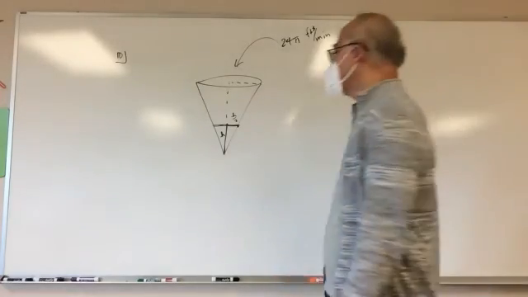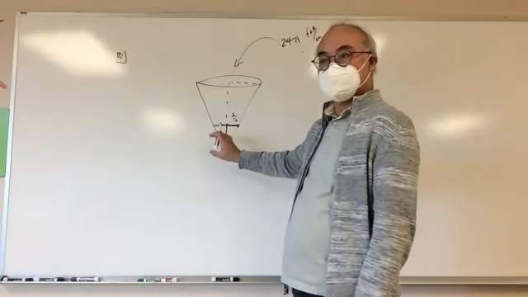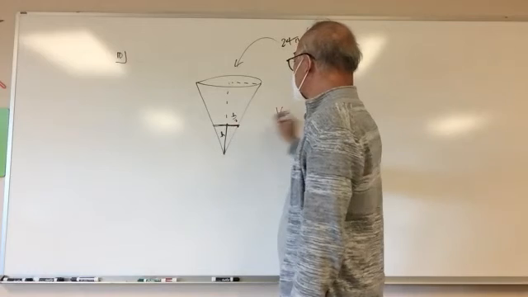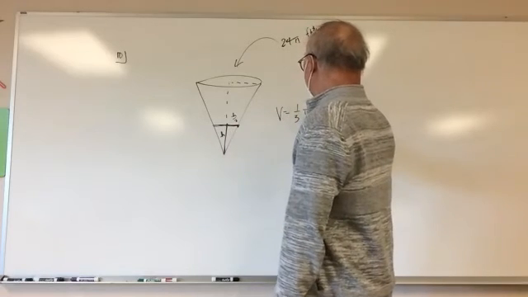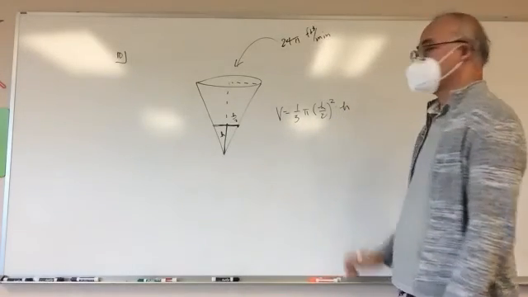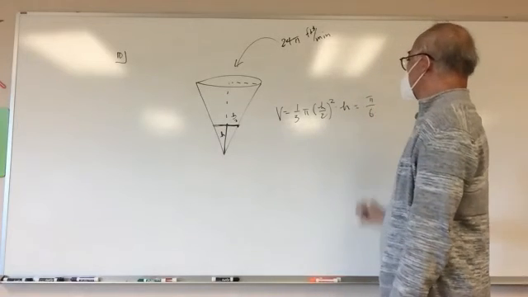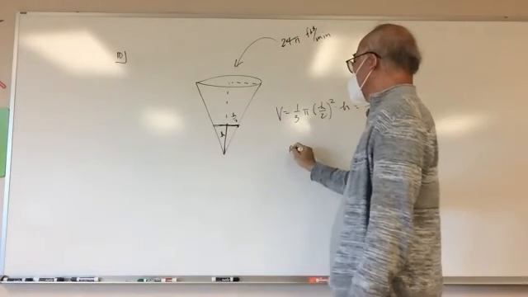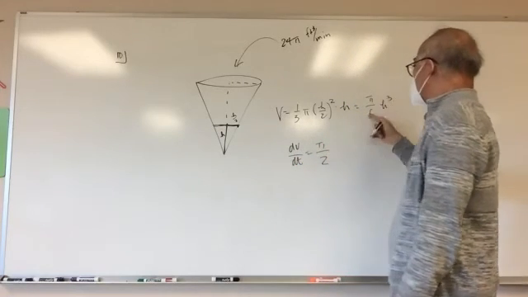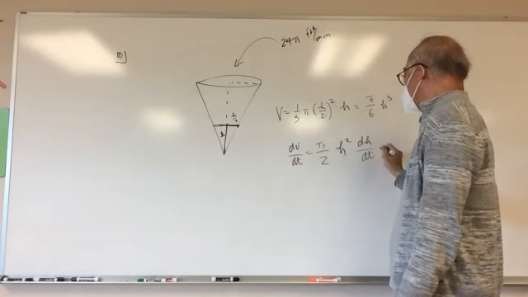Okay, so we have to find, again, an expression of the volume that's in here, right? So the volume is 1/3 pi r squared times h, right? So pi over 12 h cubed. dV/dt is equal to pi over 4 h squared dh/dt.